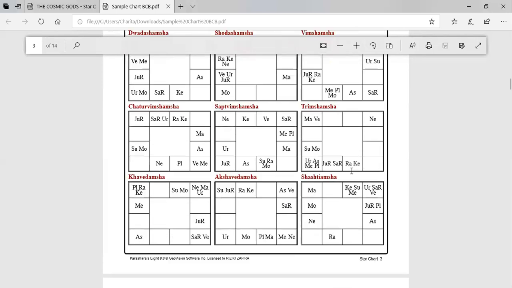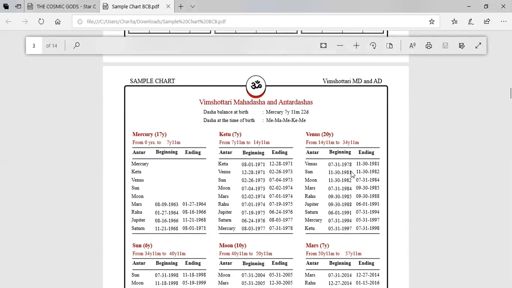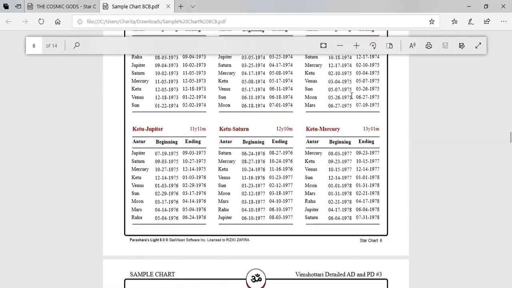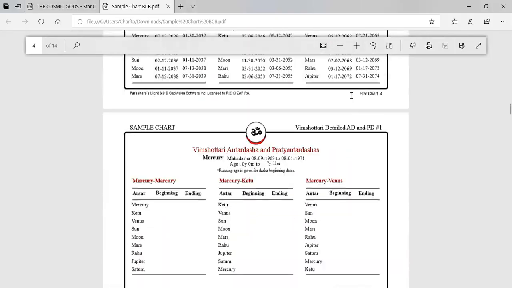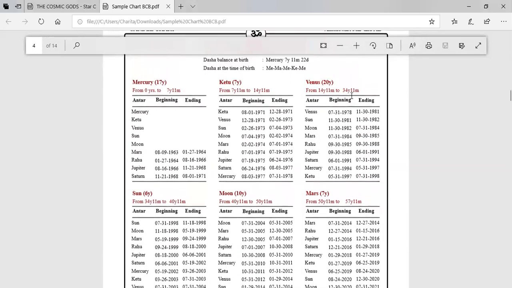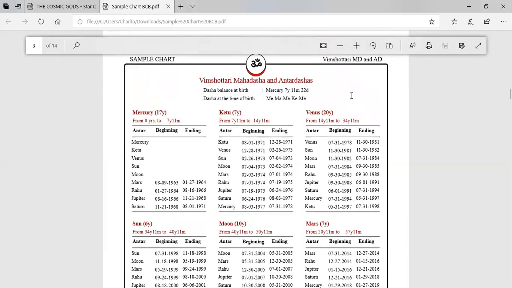Okay. So moving forward. Now, this is the Mahadasha and Antar Dasha. Now, the rest of the pages are just further breakdowns of this, but I just want to focus on this page for the purpose of you getting an understanding. So first off, what is Mahadasha? I understand this is a term you may not be familiar with. So from the time we're born to the time we transition, there are certain planetary energies that are taking precedence in our life, right?